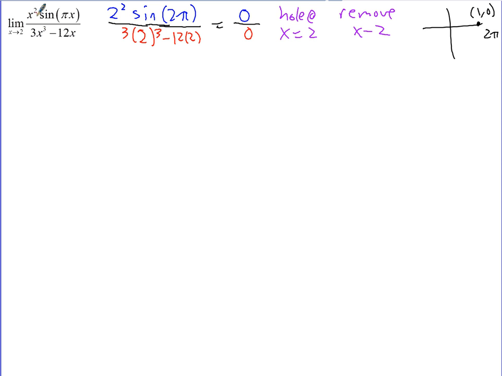So when you take the derivative of that, it's going to require the product rule. And also, because we've got pi x inside of sine, it's going to require the chain rule. So product and chain there.